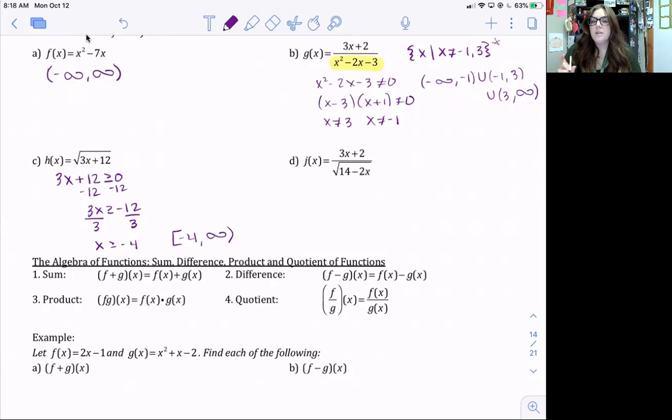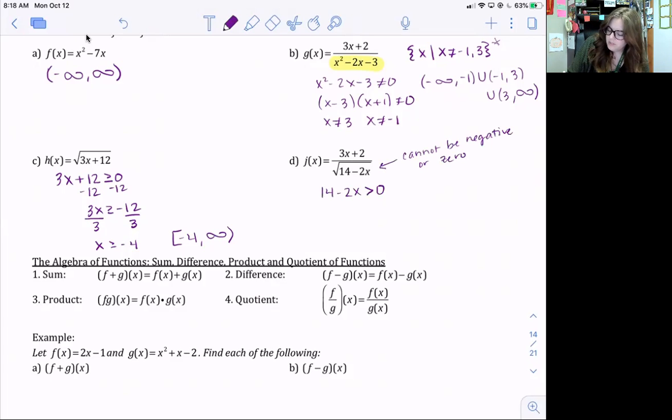So now if we combine B and C together, we have 3x plus 2 divided by the square root of 14 minus 2x. Okay, the expression under the root cannot be negative or 0. So we're going to say 14 minus 2x has to be just greater than 0, because it can't equal 0.